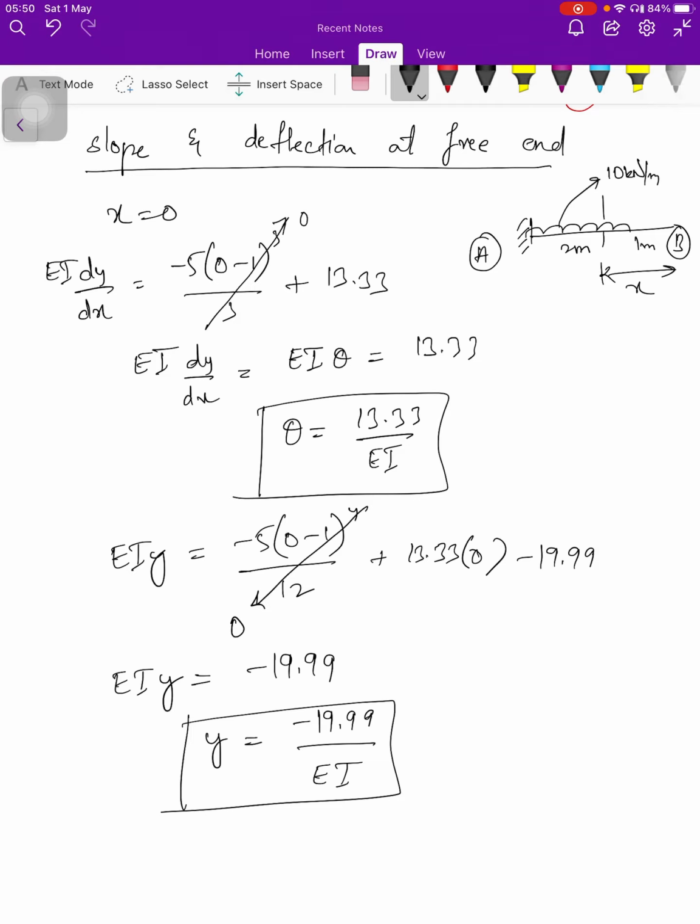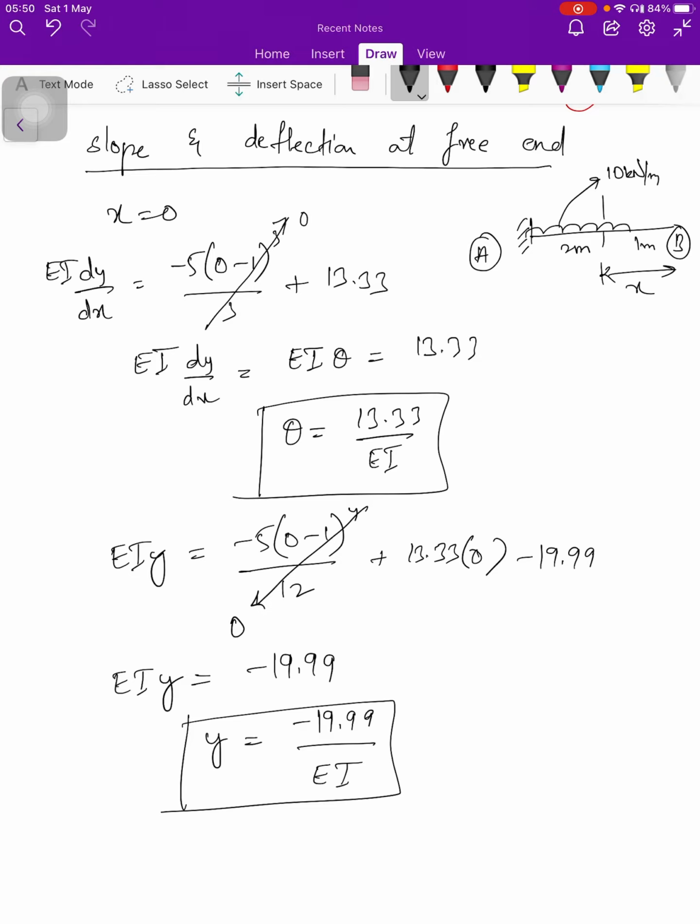Similarly, you can calculate what is the slope and deflection at a distance 1 meter from the free end. So suppose you are given to calculate slope and deflection at 2 meters from the fixed end, it is nothing but equal to 1 meter from the free end. Always remember to measure the value of x from the free end, or from the right end. Any beam, you measure from the right end of the beam.